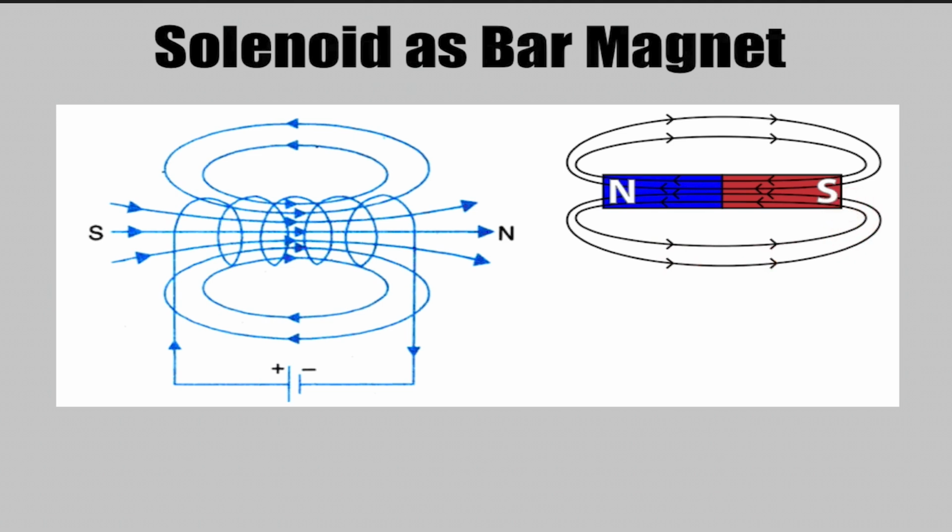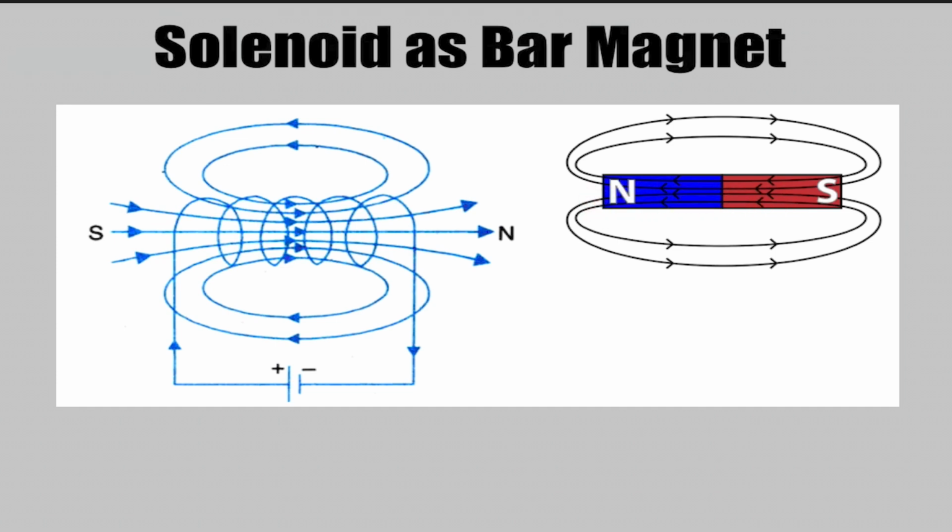Now observe the magnetic field lines direction inside the solenoid and inside the bar magnet. Inside the solenoid, on observing these arrow marks, you can make out it is traveling from south to north. In the same way, even in the bar magnet, the magnetic field lines are flowing from south to north.